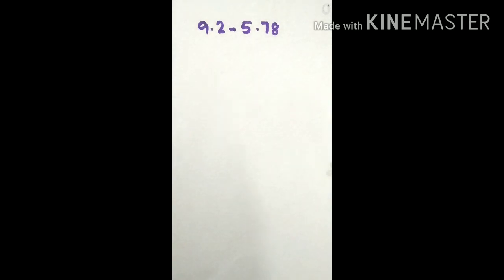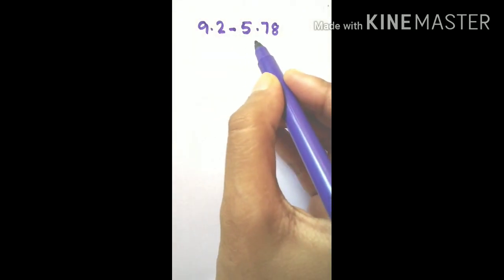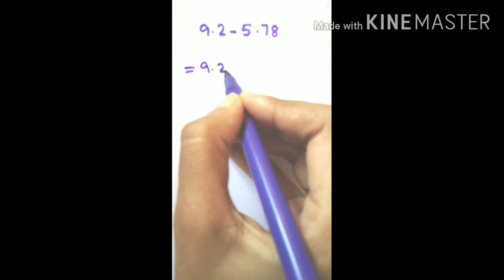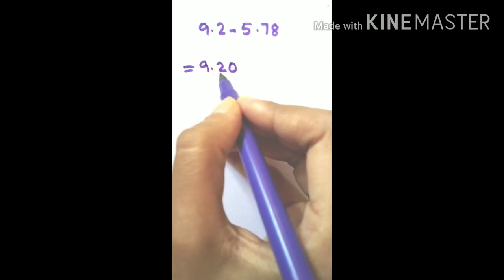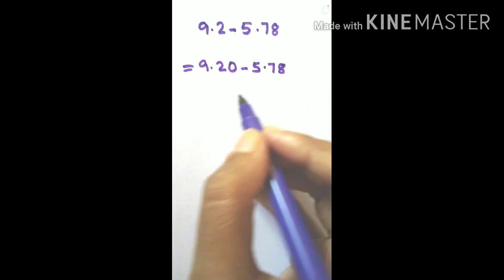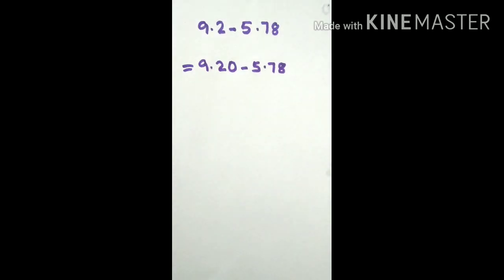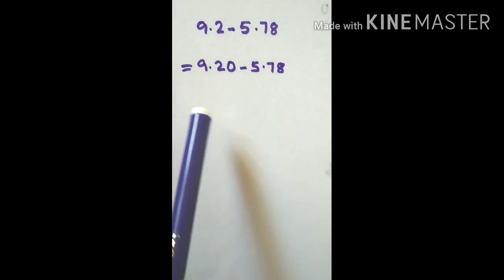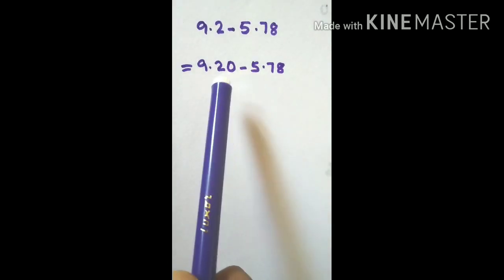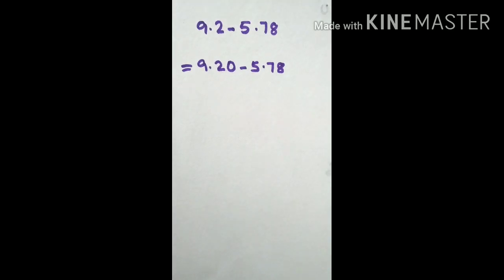Now students, the highest number of decimal places is 2. So, 5.78 will remain the same and we will add a 0 in 9.2 to make them like decimals. Now 9.20 and 5.78 both have two decimal places.